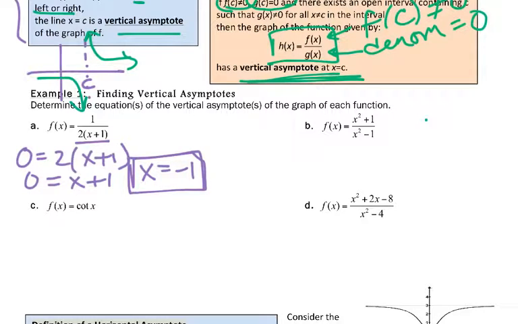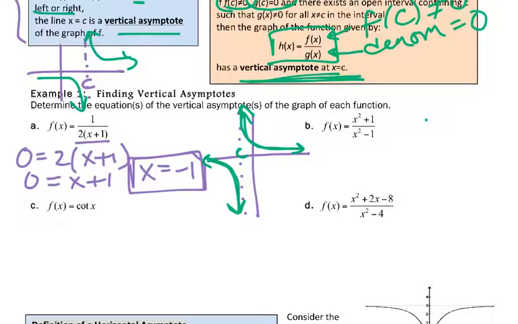Let me draw a little sketch here. So our function is going to look something like this. At x equals negative 1, we have a vertical asymptote. So the function gets infinitely close to it, but doesn't cross. So f of x is going to infinity as we get close to c. f of x is going to negative infinity as we get close to this c value here.